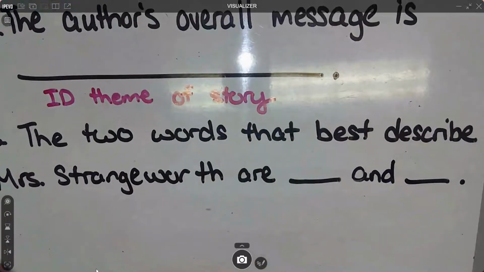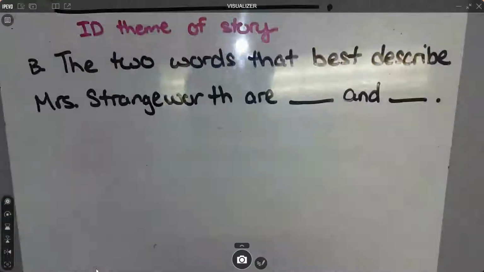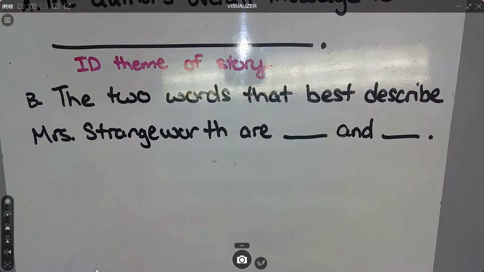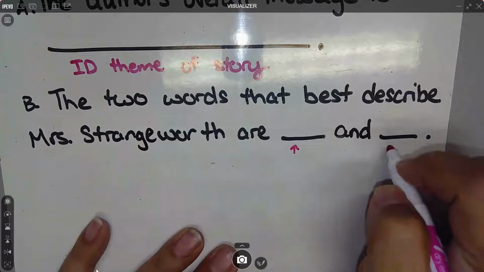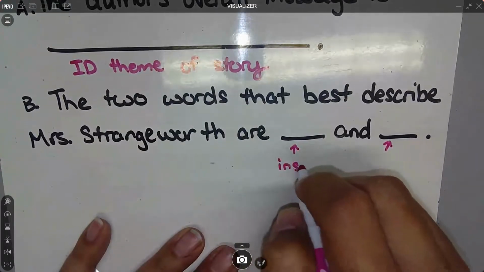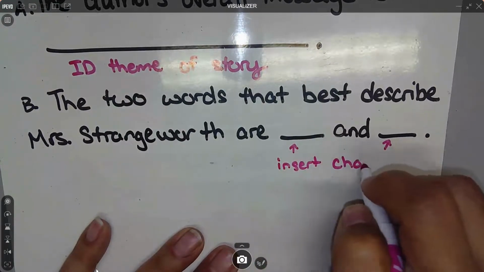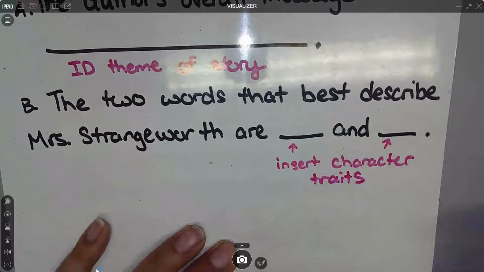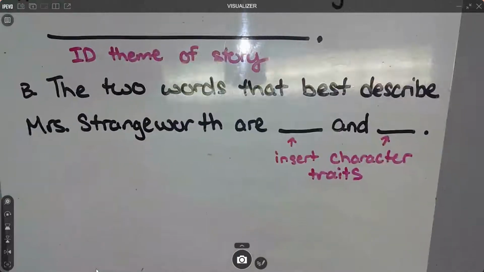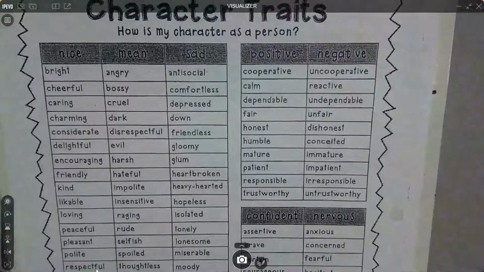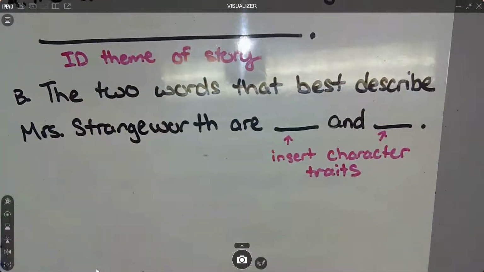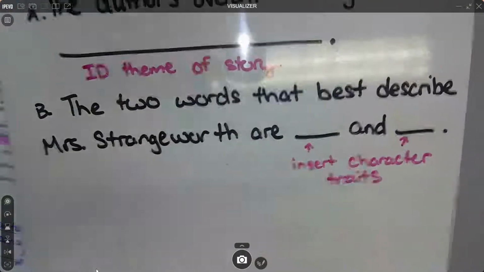And so you would pick two of her character traits to put into that sentence. So don't forget, you have all of these character traits listed on the back of your notes if you're looking for ideas. So that would take care of your topic sentence.